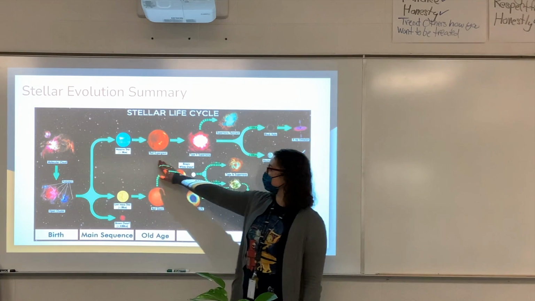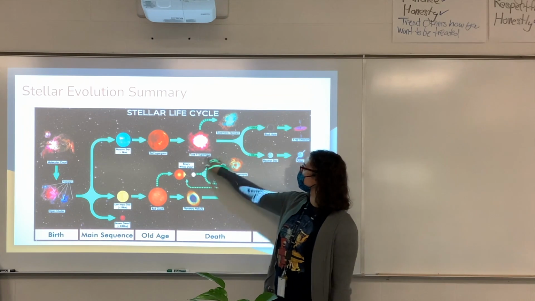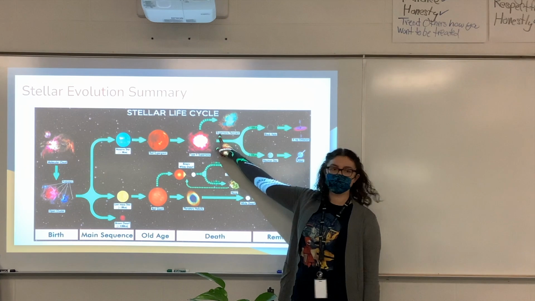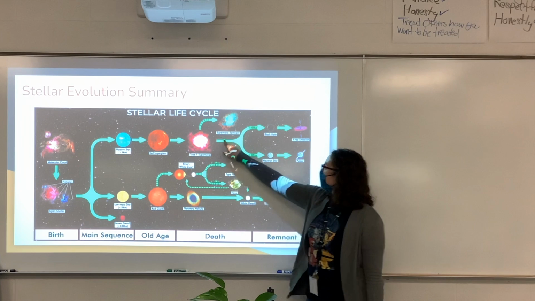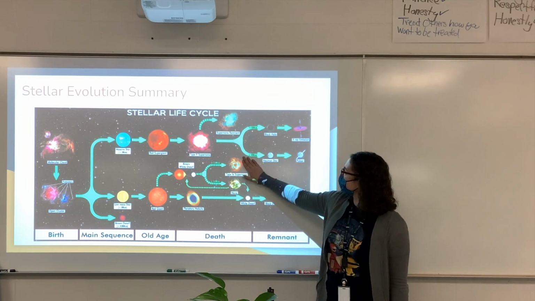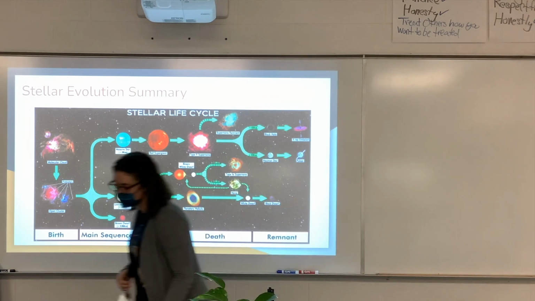Again, supermassive stars will become super red giants. They'll undergo a type 2 supernova, and then there will sometimes be a supernova remnant, like a nebula, like the Crab Nebula. And then, depending on its mass, if it's less than, I think it's 40 times the, let me look at this, because I can see it better on this image.